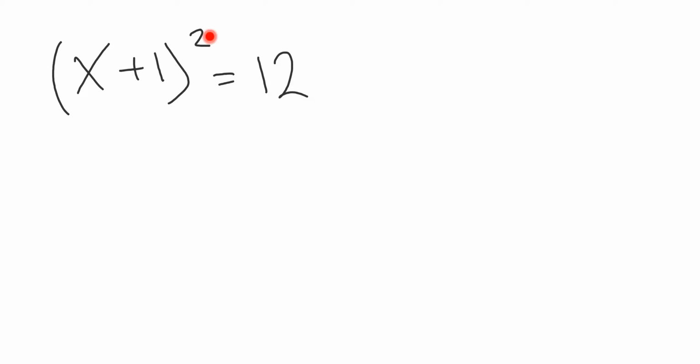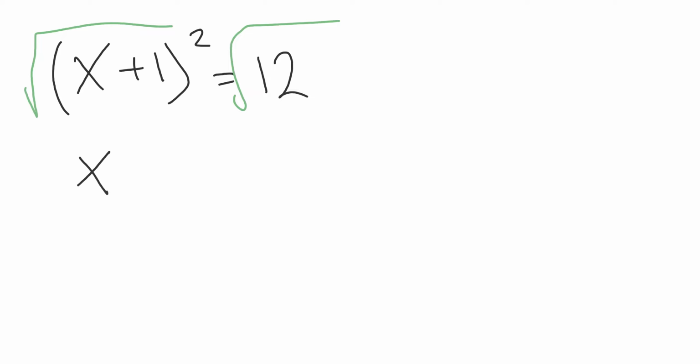But really, we're in a state where we have something squared equals something else. So this is a perfect candidate for our square root property, where we take the square root of both sides. But remember, if we take the square root of a perfect square, we have to include that plus or minus.